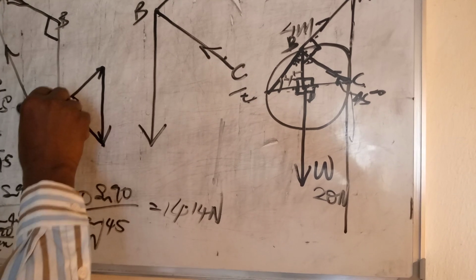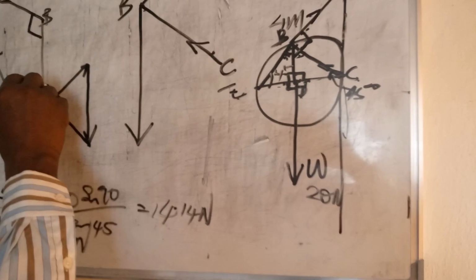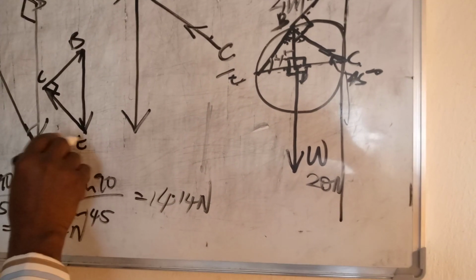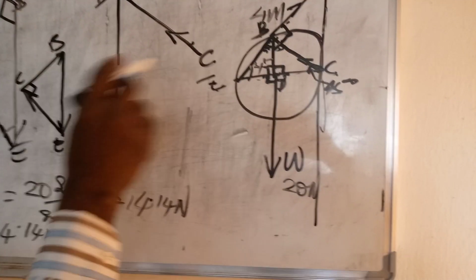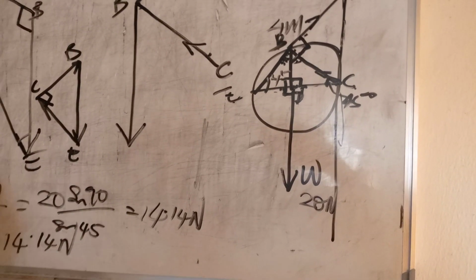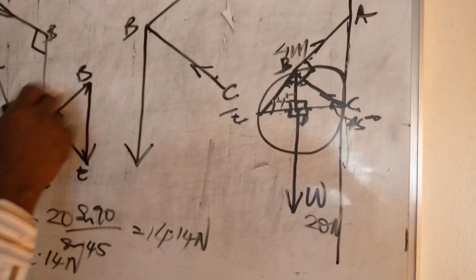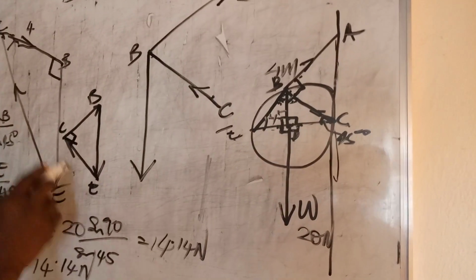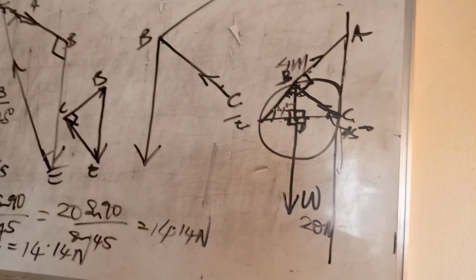So it closes. This angle is 90 degrees. CB, CE, and BE: the weight of the ball is BE, the reaction from the wall is CE, while the tension in the string is CB. So it's simple, just like we have here.